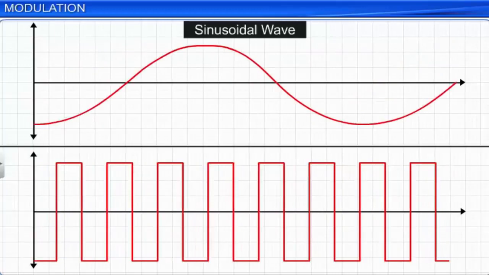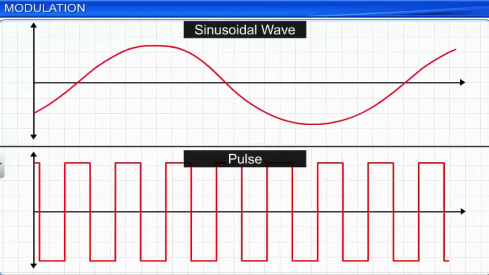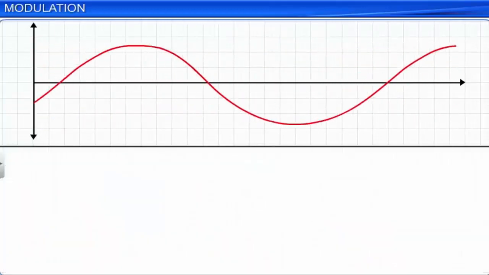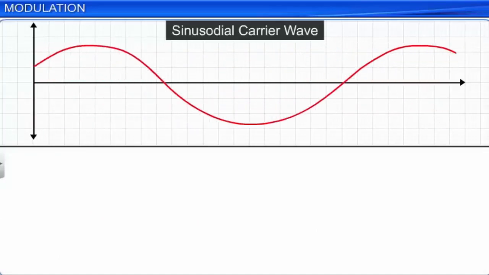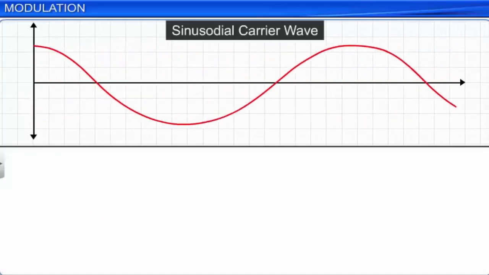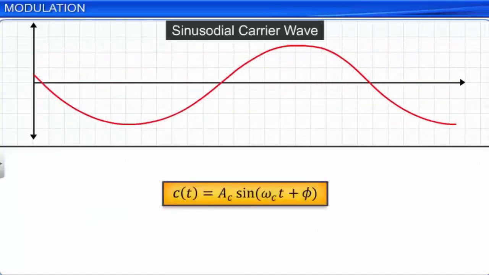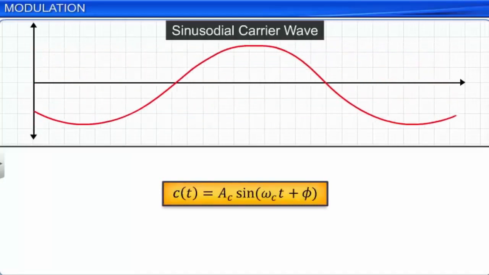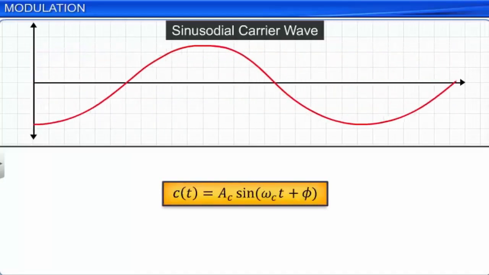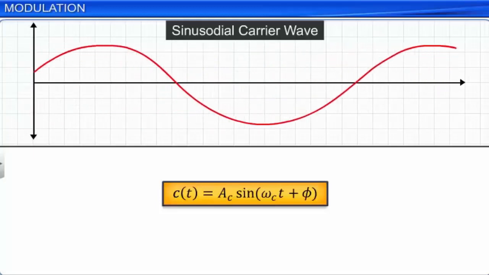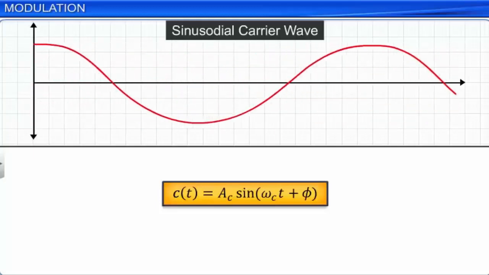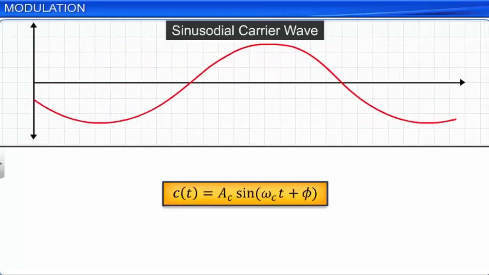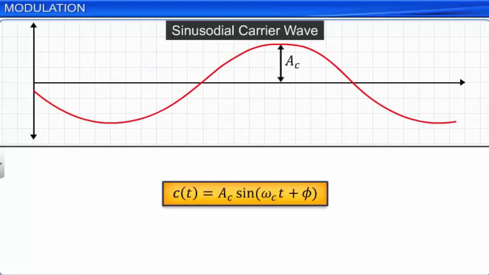The signal strength of a sinusoidal carrier wave is given by the equation c(t) = A_c sin(ω_c t + φ), where c(t) is the signal strength expressed in terms of current or voltage, A_c is the amplitude of the carrier wave, ω_c is the angular frequency of the carrier wave, and φ is its initial phase.